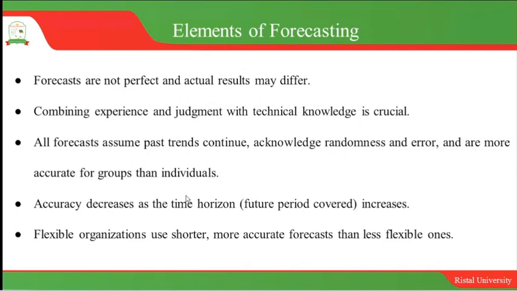Most organizations work with a few months because that is easier to predict, rather than forecasting using very many months or very many years and then being unable to get it right. The more we extend the duration that we are forecasting, the more difficult it becomes to get it right.